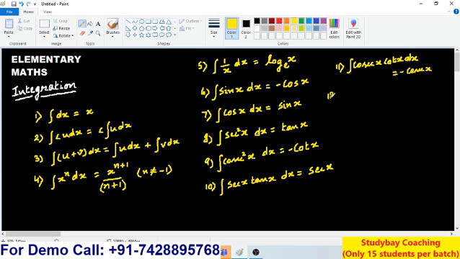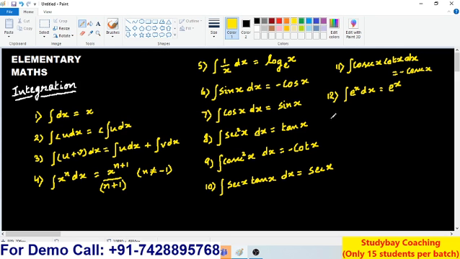After that, we have integral e to the power x dx, that will remain e to the power x.